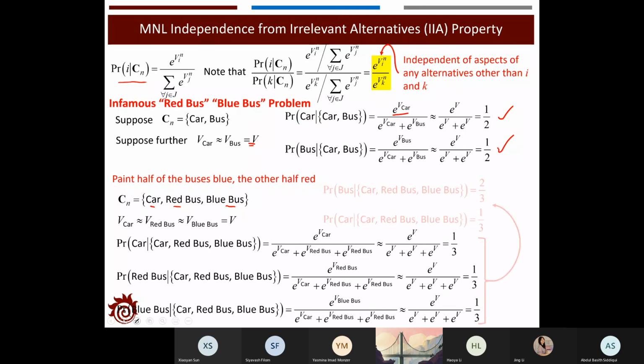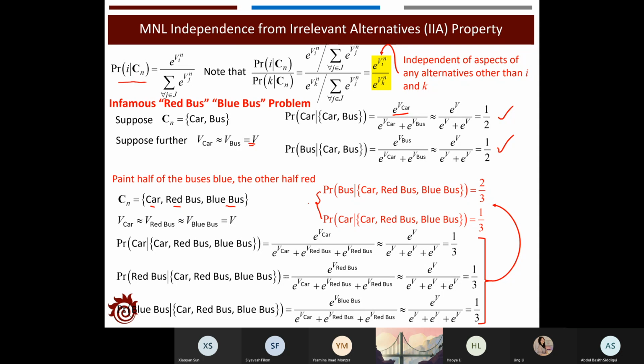So the probability of choosing red bus plus the probability of choosing blue bus becomes 2/3, and the probability of choosing car is 1/3. So you just repaint the bus, and you get more people taking the bus, and that's actually unreasonable.